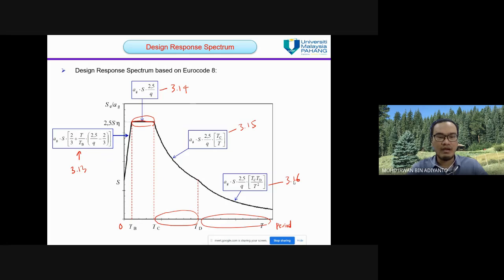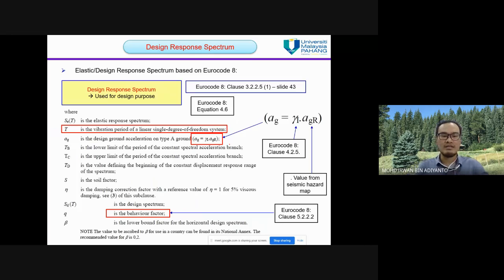Okay, we have alpha g, we have S, we have q, we have TC, and we have T. So this is the meaning of every abbreviation. T is the vibration period of a linear single degree of freedom system. This is the alpha g, which we have to derive from this equation.